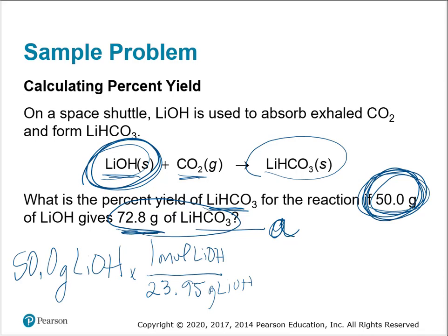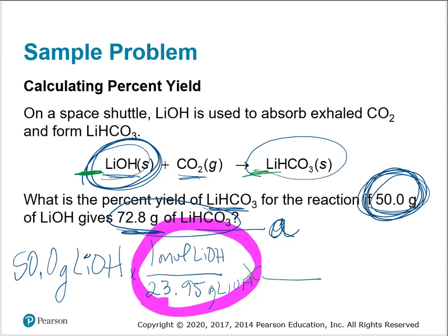The first step is taking that 50 grams of lithium hydroxide, finding the molar mass of it, and going from grams to moles. This is our first step. Once I know how many moles of lithium hydroxide I have, I can go from moles of reactant to moles of product. Notice that it's a 1-to-1 ratio.